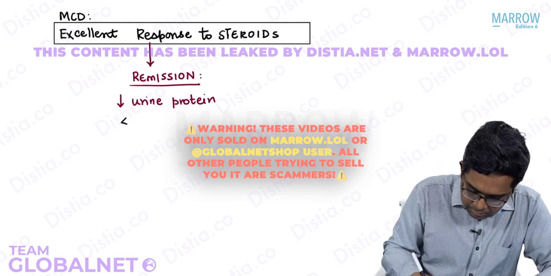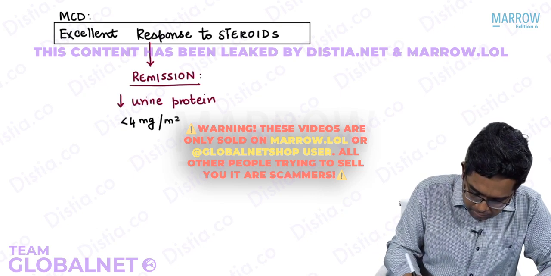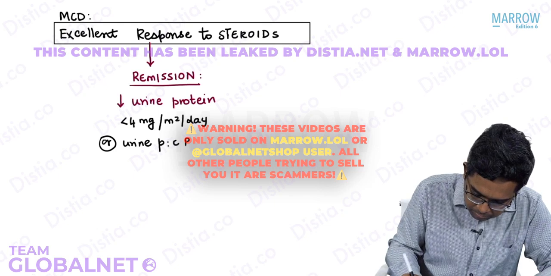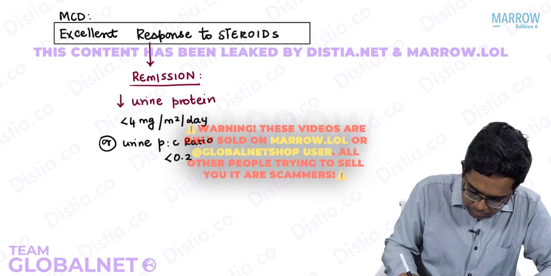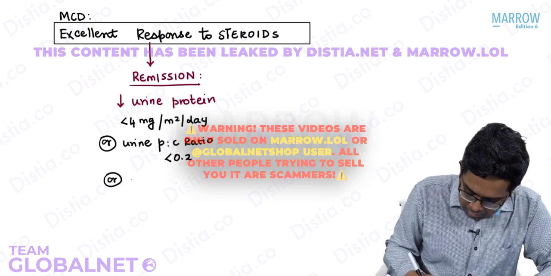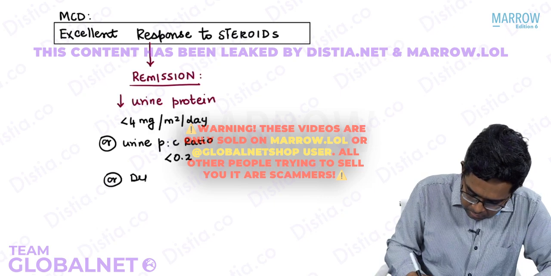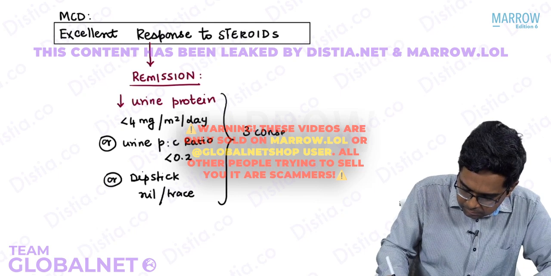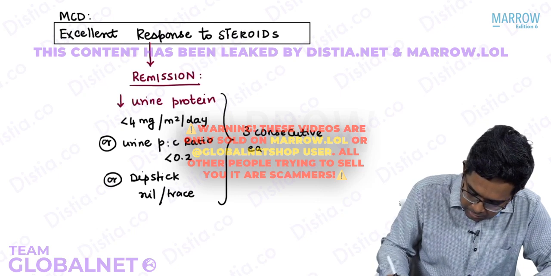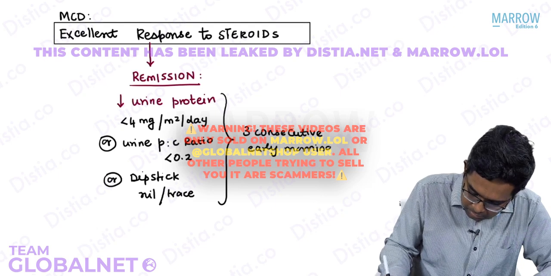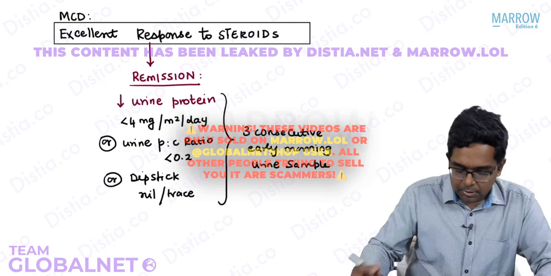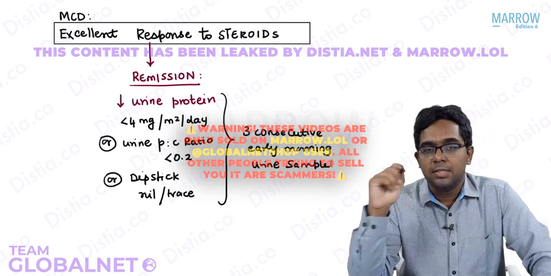A value less than 4 milligram per meter square per day, or the urine PC ratio less than 0.2, or the urine dipstick testing shows nil or trace for 3 consecutive early morning urine specimens, or first morning urine samples, then we will call it response or remission achieved with the steroid.